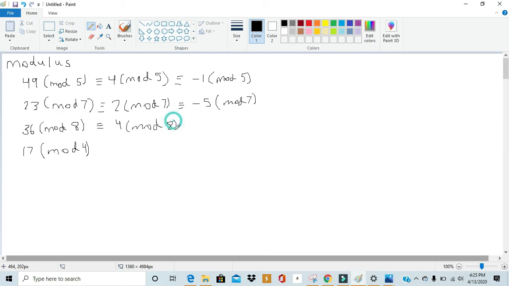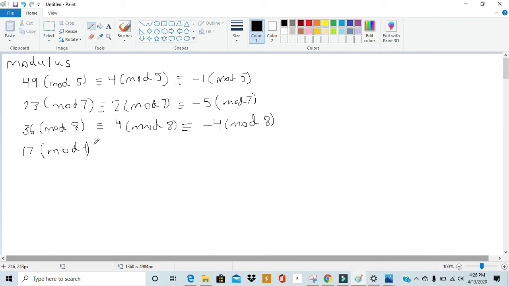Now, if we look the other way, we want to express it as a negative number mod 8. Well, let's see. The smallest multiple of 8 greater than 36 is 40, and that's exactly 4 more than 36. So, to get 36, we have to go negative 4. So it would be negative 4 mod 8. Finally, we're on the last one here, 17 mod 4.